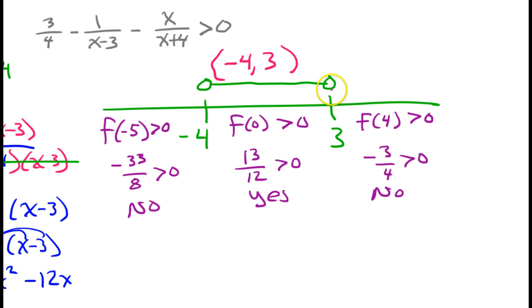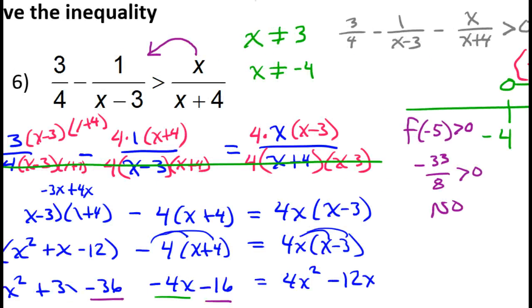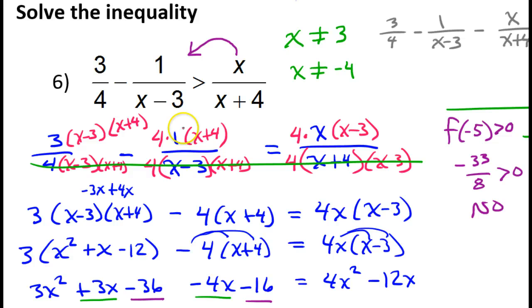If either one of these had been closed circles, I would have done a square bracket. Okay, so that's it. This is the solution. So really, the most important part of the solution is this interval notation right here. Alright, so that is how you solve an inequality.